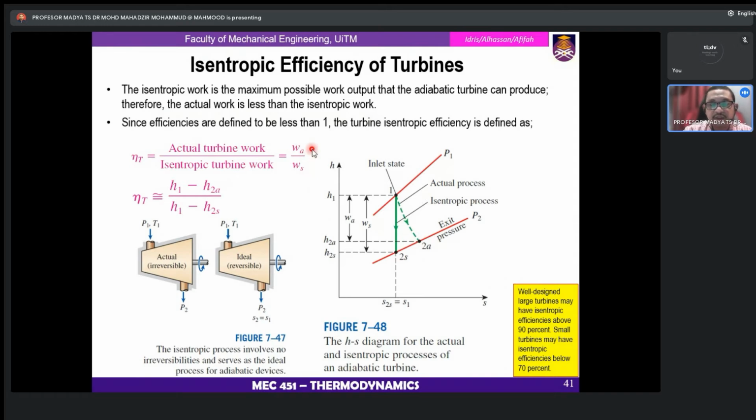To find actual work, H1 minus H2A for the actual. And for isentropic turbine work, H1 minus H2S. Okay, so this is the formula for the isentropic efficiency of the turbine.